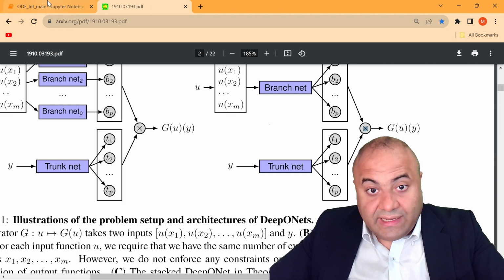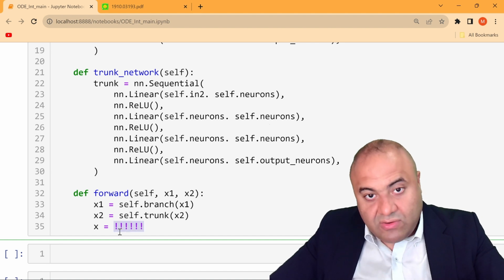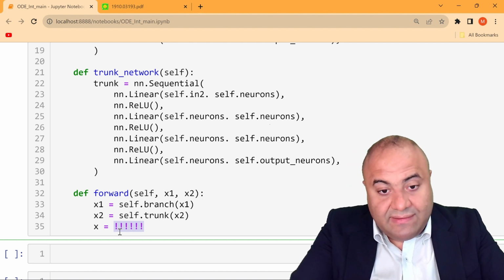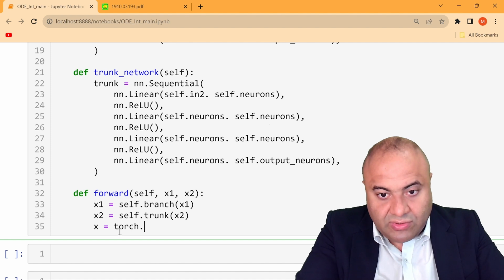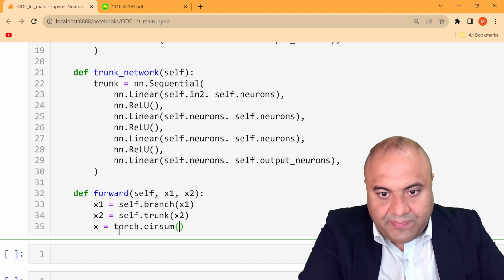In order to do that, we use something we call Einstein multiplication, and in Torch we will write it this way. So torch dot einsum, and this is going to be the syntax.